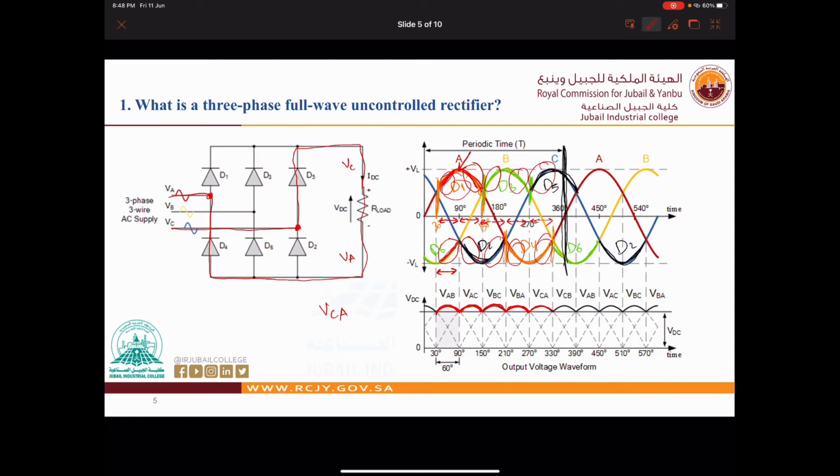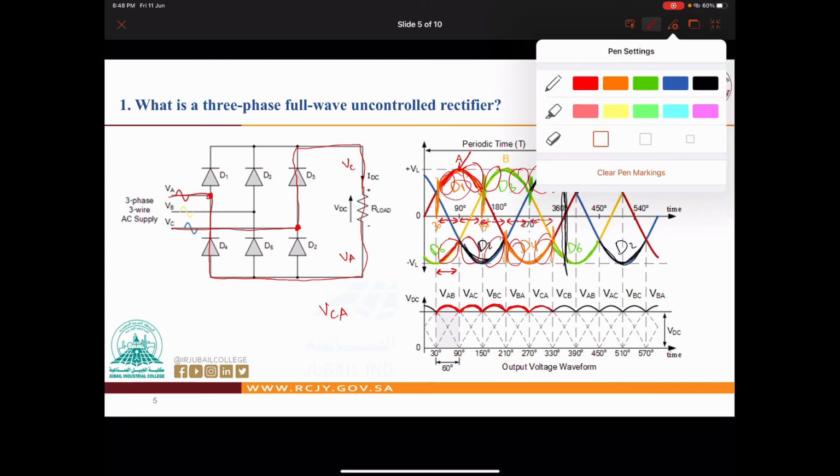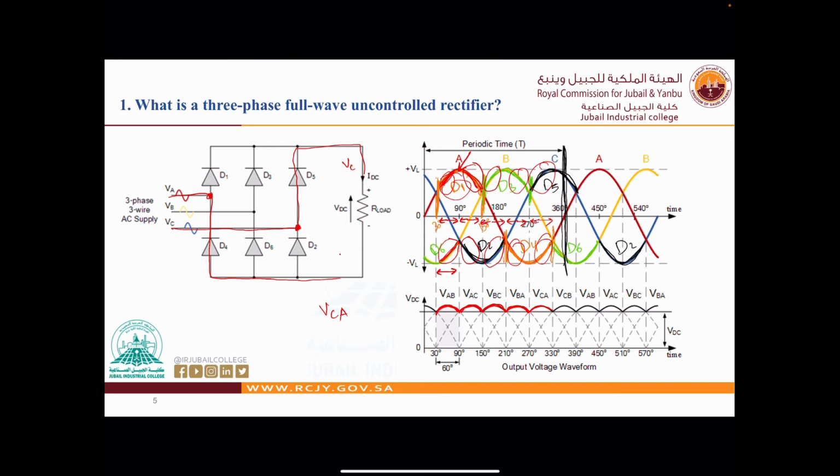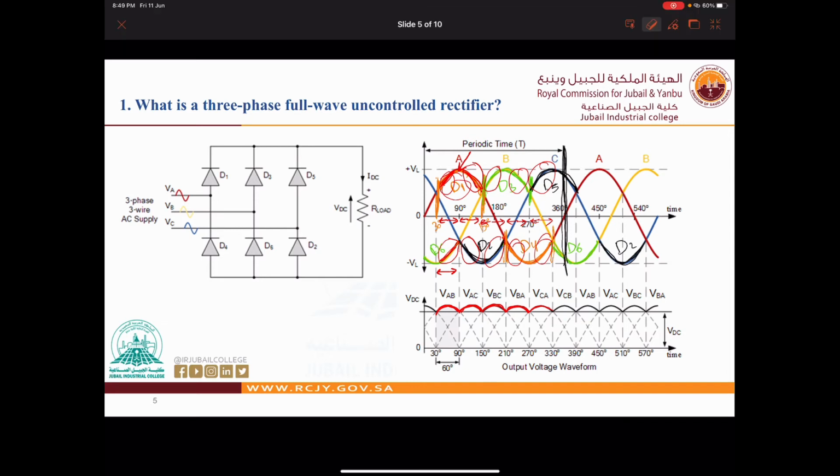Now in this part, shabab, let me erase this one. Okay. Now this is very important. Now in this part, after 330, we need to have 60 degrees, right?